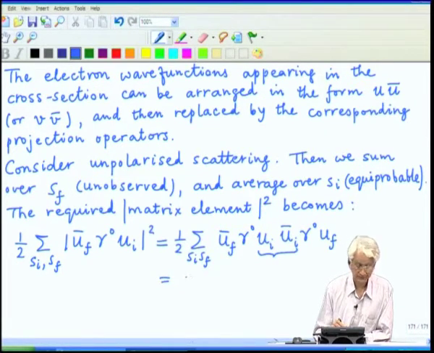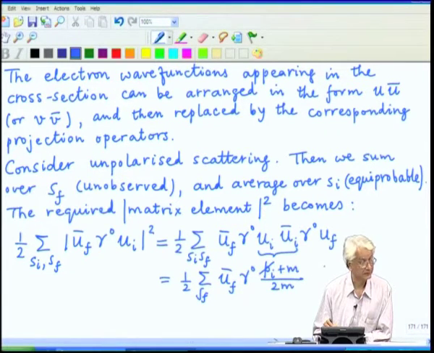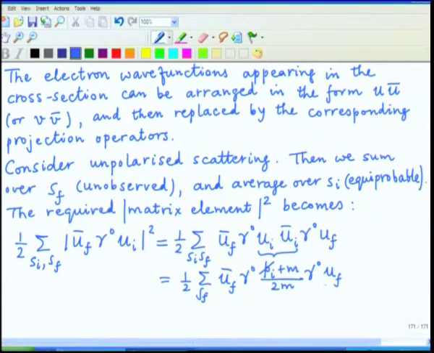So, that becomes 1/2 sum over S f u bar f gamma 0 pi slash plus m by 2m gamma 0 uf.